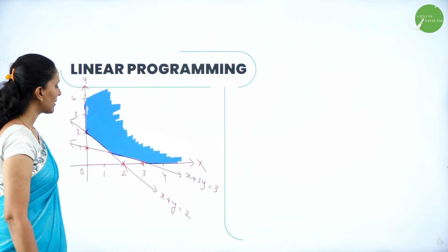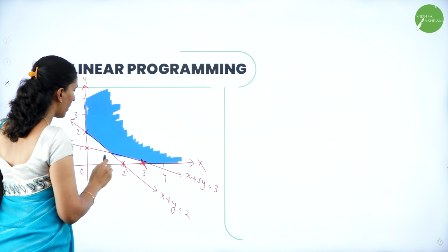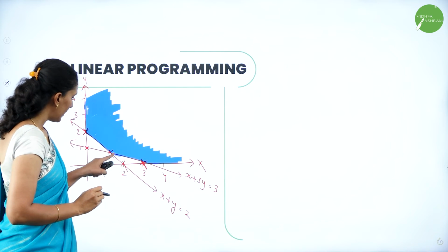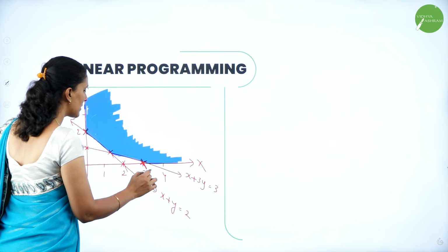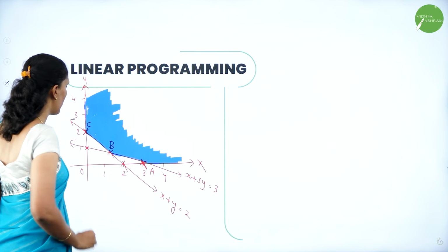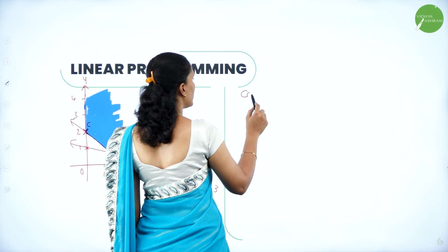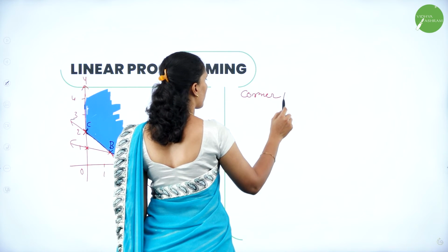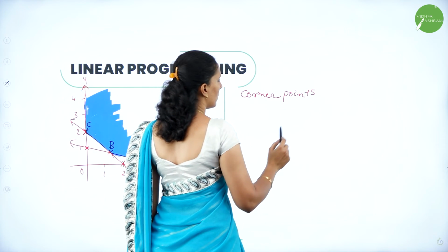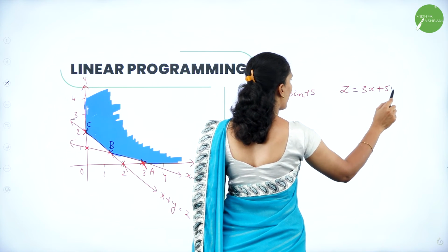Now let us mark the corner points once again. You already know these corner points, this and this. From the graph, you can get this point. Let me take this point as A, this as B, and this as C. So we have points A, B, C. Let's write the corner points, and my objective function is z is equal to 3x plus 5y.